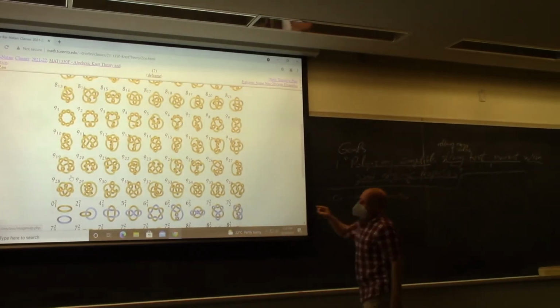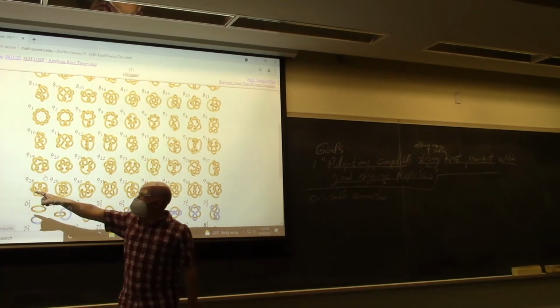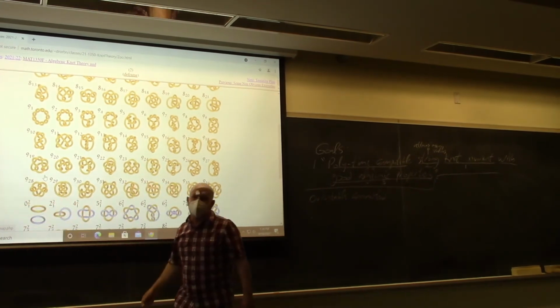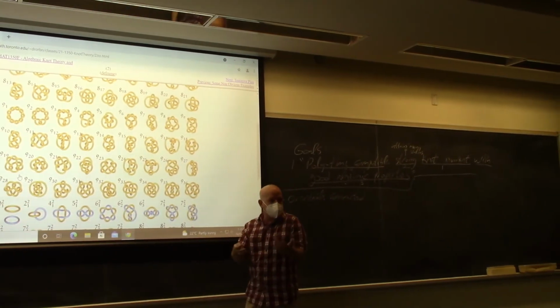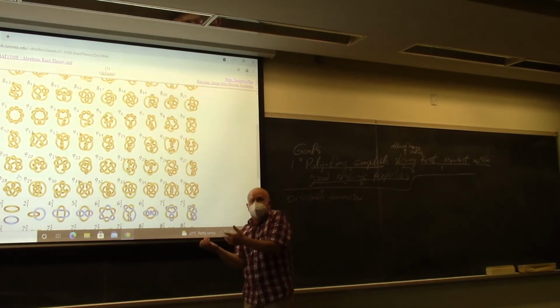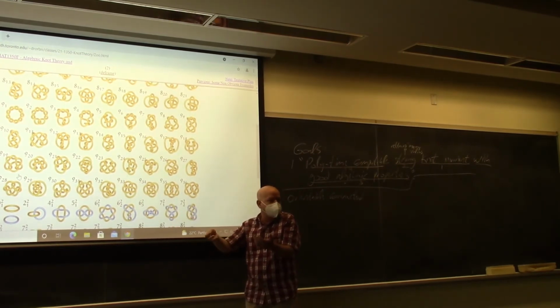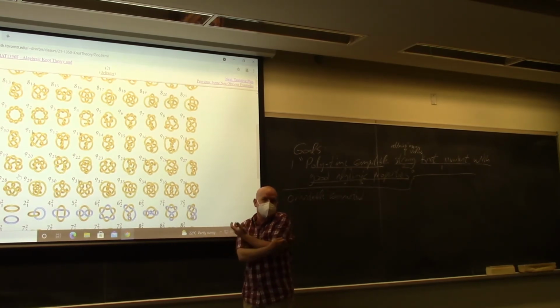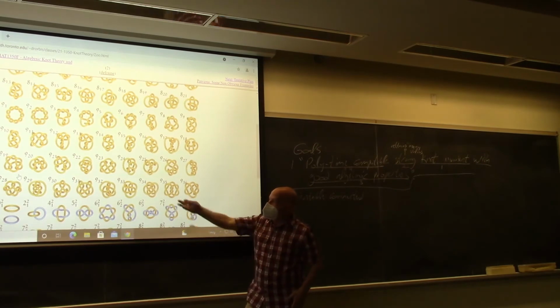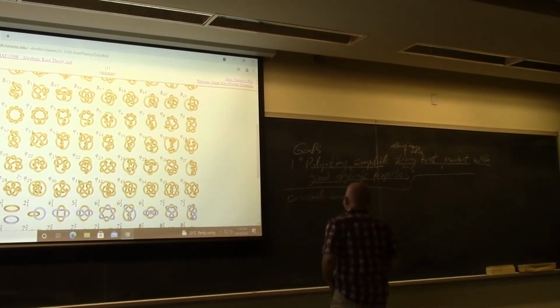So you see, I didn't say the word connected when I defined a Seifert surface because it's kind of pointless. If you have a disconnected surface, you can drop the components that do not touch the knot. So having a disconnected surface or a connected surface is the same for knots.